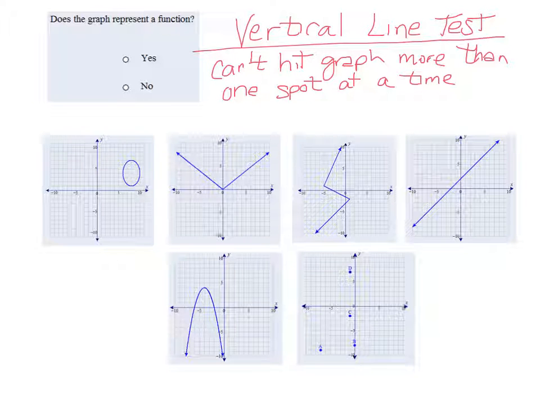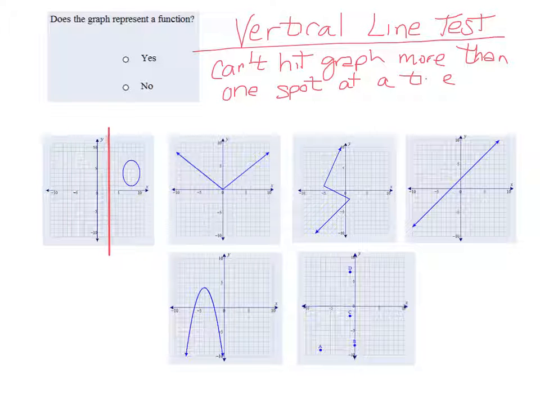So we're going to get ourselves a vertical line. All right, so here's my vertical line. I'm going to just run it across the graph.